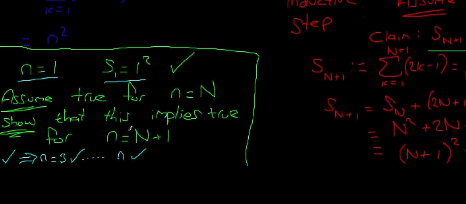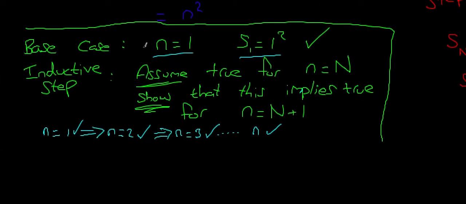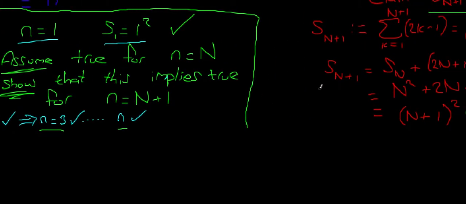So if we go back to our idea about induction, we can now say it was true for n is 1 because we checked that. And so by our inductive hypothesis and applying this inductive step, we can say it's true for n is 2, it's true for n is 3, and in fact it's true for any n. So this is kind of cool.